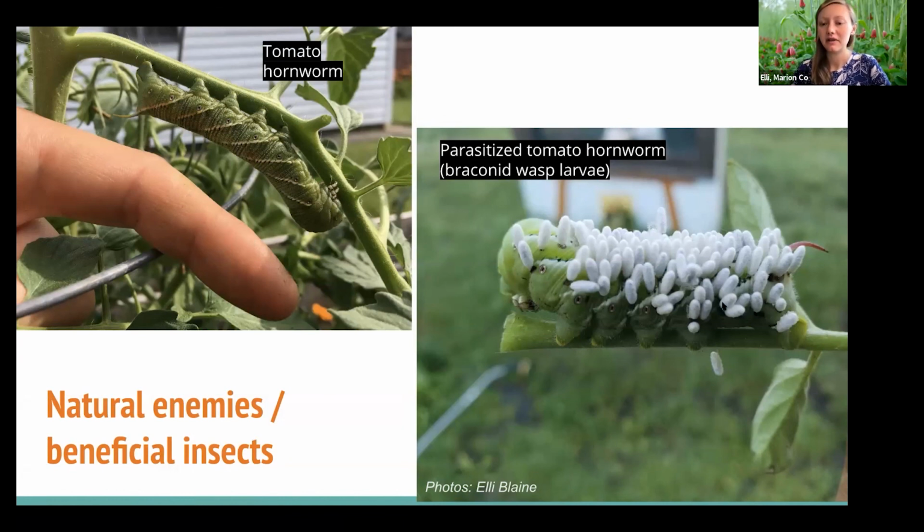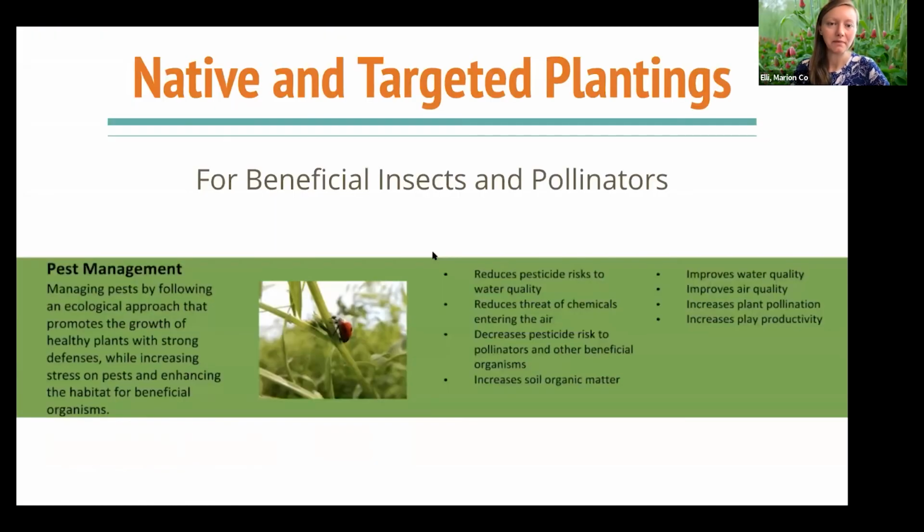If you ever see this out in the field, what you see on the right, all of these little white cocoons, that is actually larvae for a wasp that then will kill the tomato hornworm. And you'll want to leave that in the field because that will increase the number of wasps that are out there and help to take care of your pest issues in an ecological way.